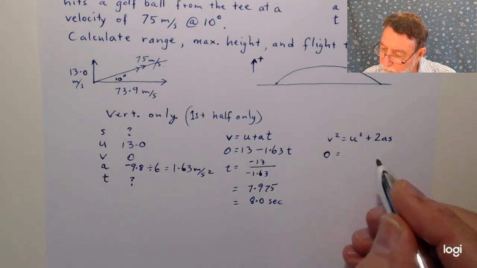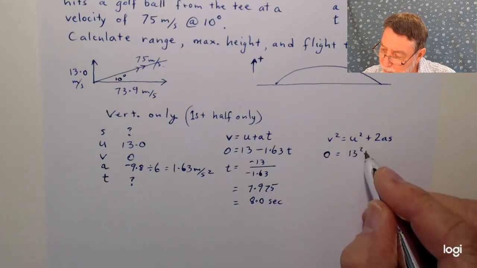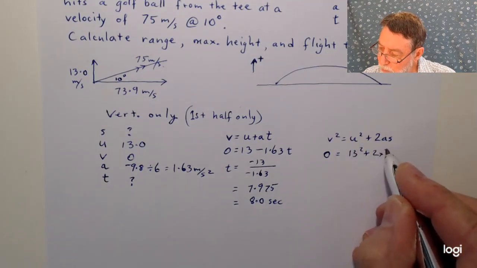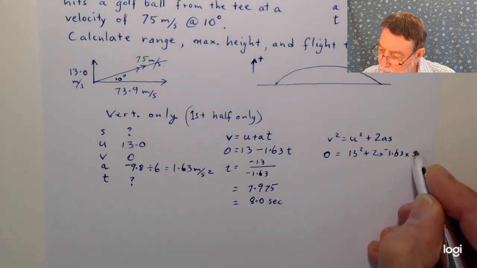Substituting in 0, 13 squared, to negative 1.63, and S is what we're looking for.